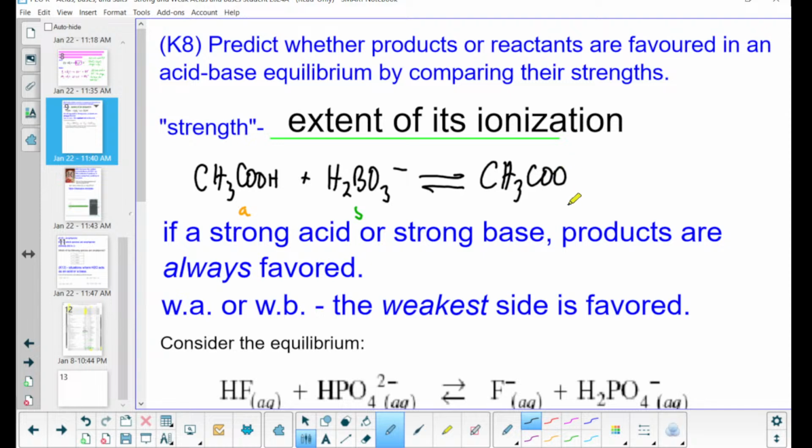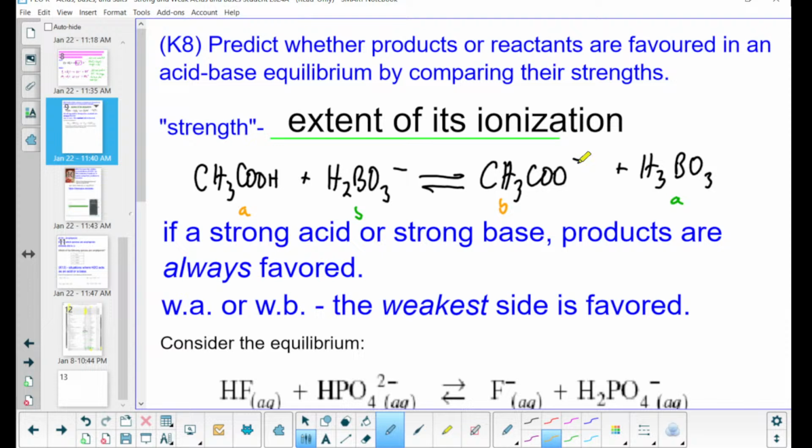Nope, minus. There you go. And then this becomes the base. What's the conjugate acid that it made? H3BO3. There we go. And then that becomes the acid, and we have our acid-base pairs.